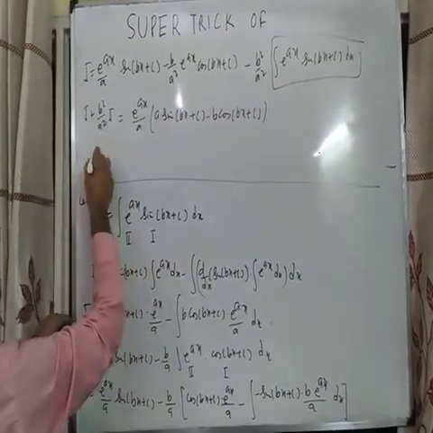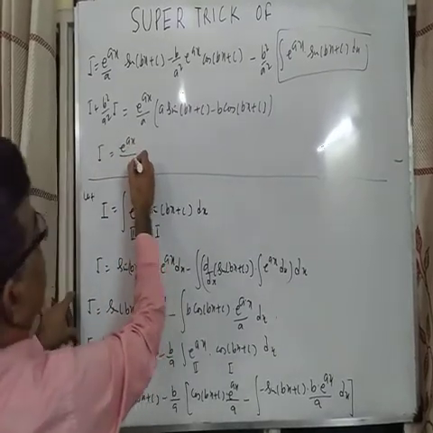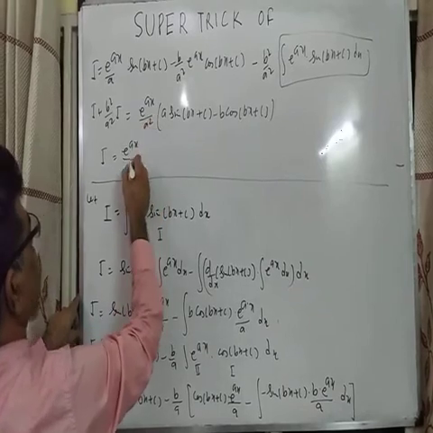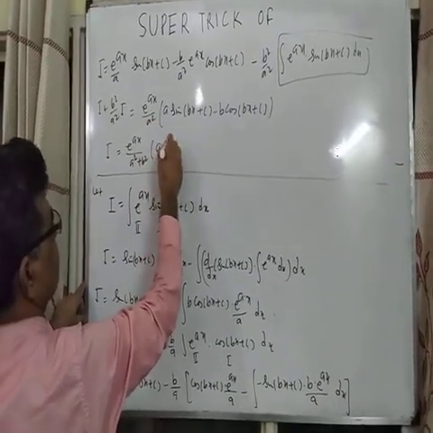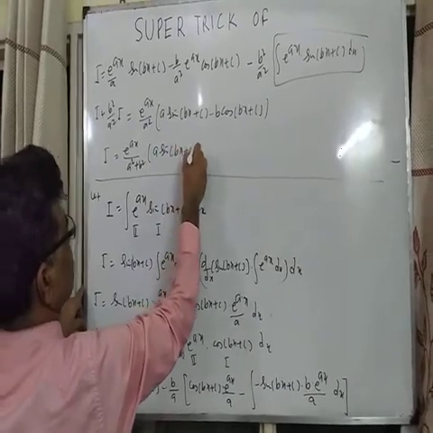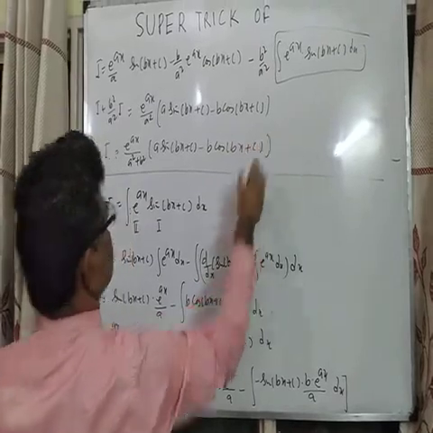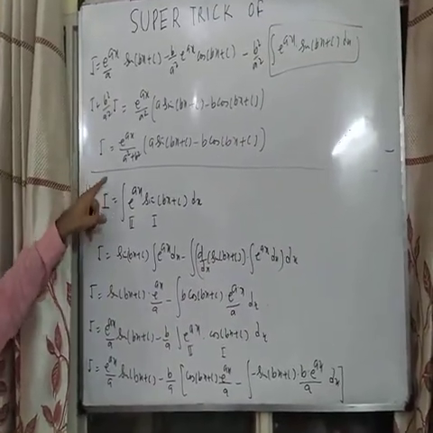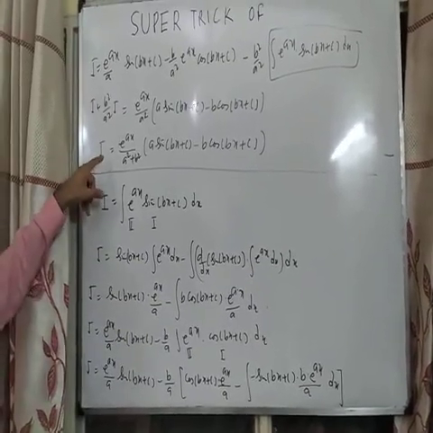So you can see that I is equal to e to the power ax upon a square plus b square into a sin(bx plus c) minus b cos(bx plus c). So you can see how this formula has come. If you use this formula, then you can solve the problems very easily. So this is the method to find the solution of this.